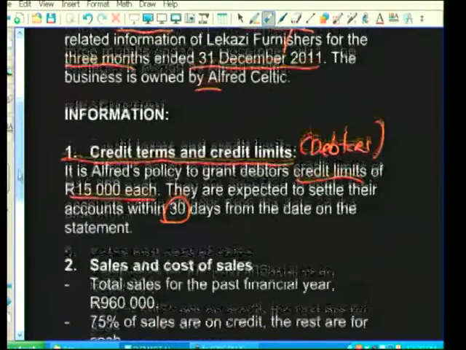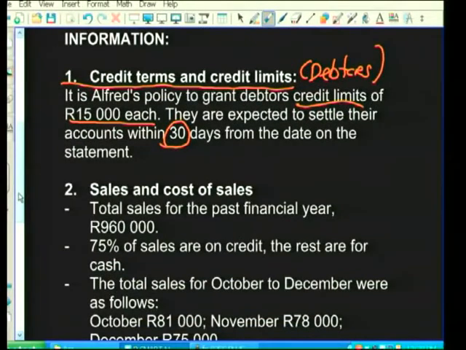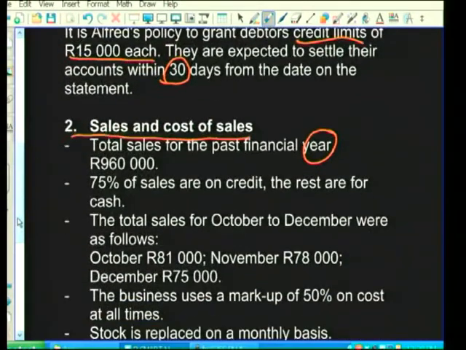Right, the next bit of information. Sales and cost of sales. Total sales for the past financial year is 960,000, and remember, guys, it's for the year. Then we are told 75% of sales are on credit. So the business, 75% of their sales are on credit.